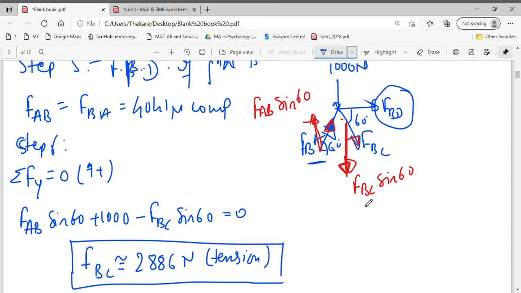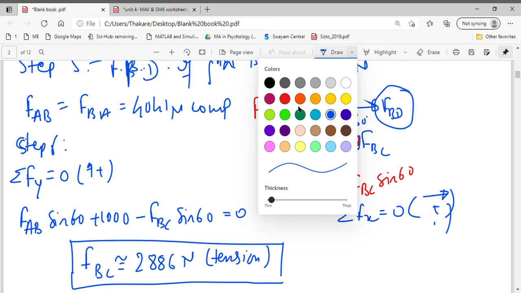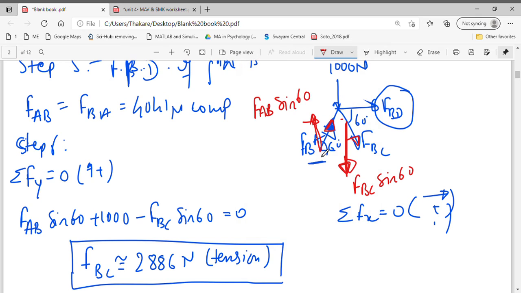To determine FBD, let us take summation of forces in horizontal direction to be 0, considering forces acting towards right as positive. Now we will have horizontal component of FAB. This will be FAB cos 60, and this will be FBC cos 60 and FBD.